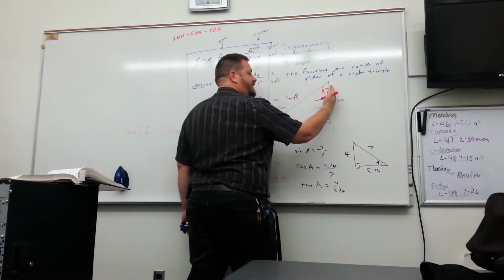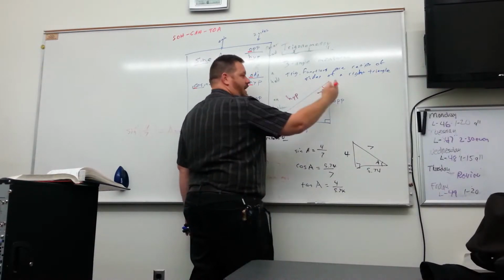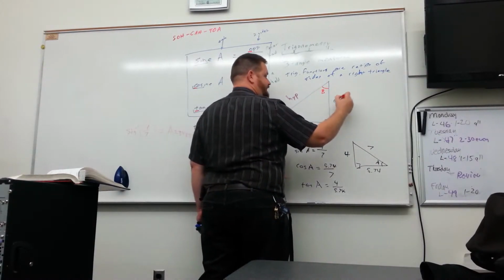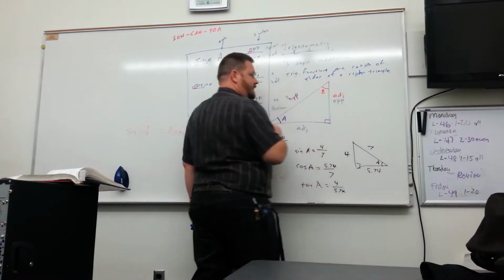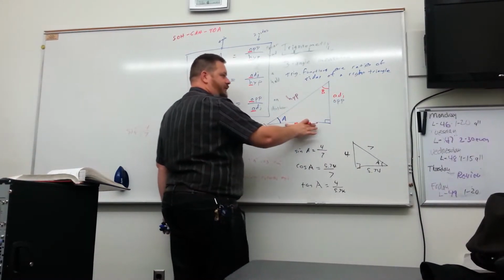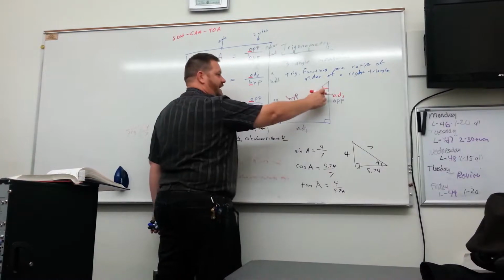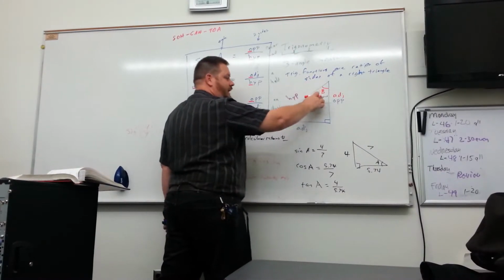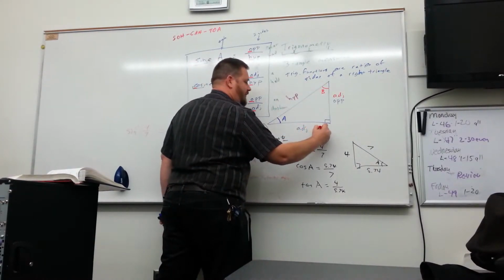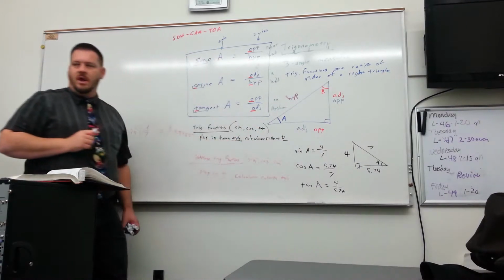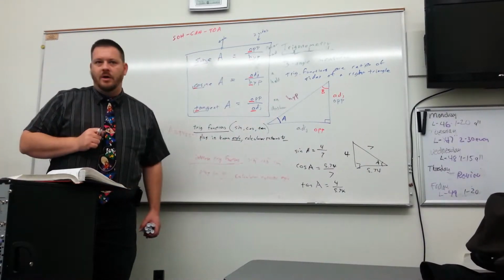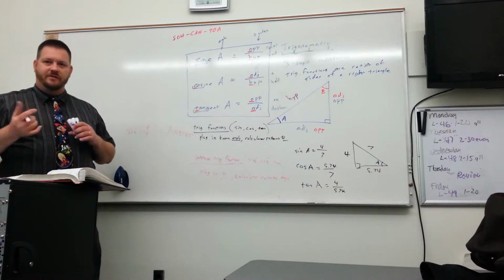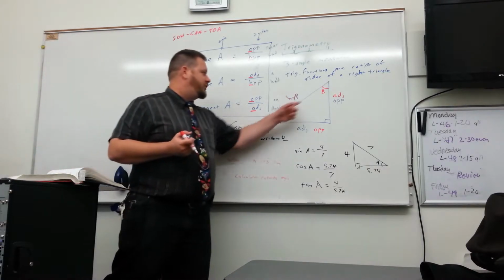If we're talking about angle B, this side is the adjacent. And this side over here is on the opposite side of the triangle from angle B, so if we're talking about angle B, this side is the opposite. The hypotenuse is always the hypotenuse, but the adjacent and the opposite depend on which angle you're talking about.